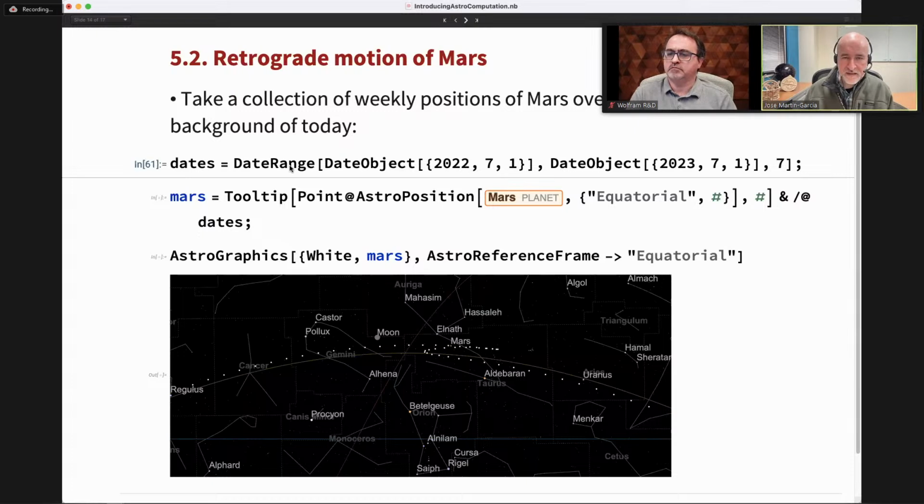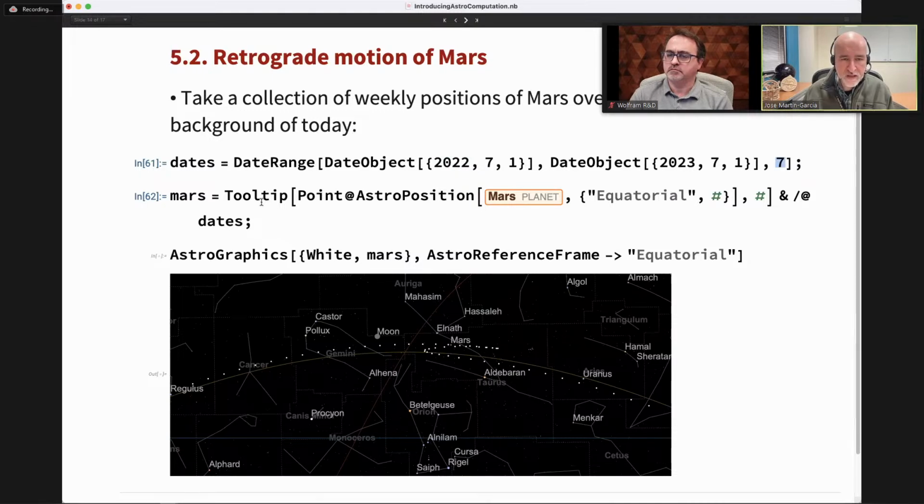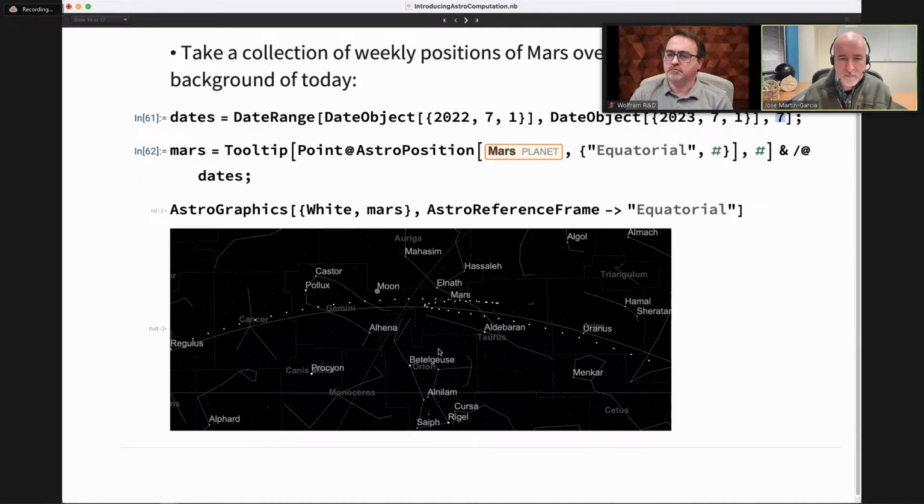This is another interesting example of retrograde motion of Mars. So what we do here is that we take a date range from July 22 to July 23 in steps of 7 days. So this is week by week. We compute the positions of Mars every week, and now we plot them in a map with a background that corresponds to today, right?